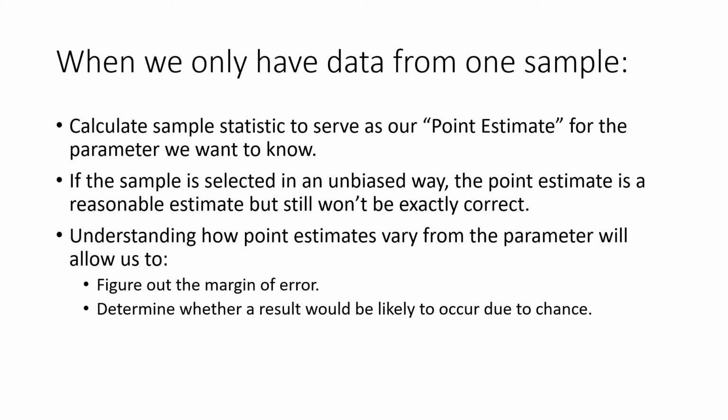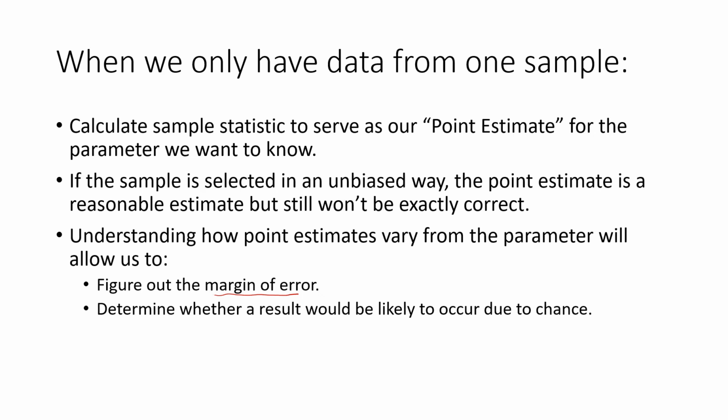And so these are going to come into play in making confidence intervals with the margin of error, and hypothesis testing, where we determine if a result is likely to be due to random chance, or if it is not likely to be due to random chance and is what we call statistically significant. So those ideas are going to be introduced here in Chapter 5.